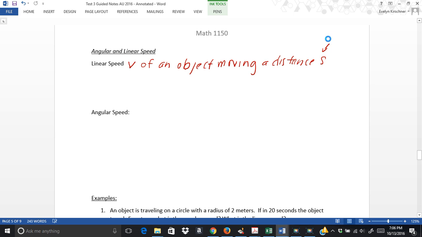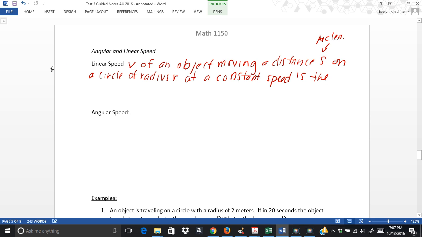Now, s, remember, is the arc length, right? s on a circle of radius r, and at a constant speed, is the distance divided by the time.